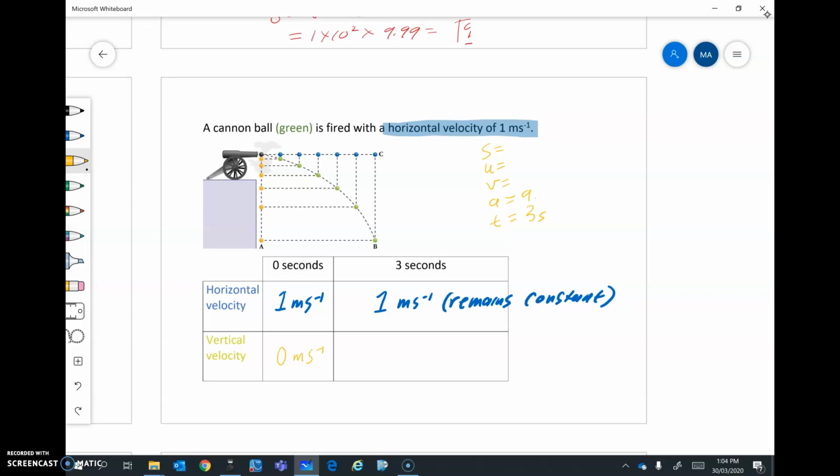3 seconds, accelerating in the vertical direction, so acceleration due to gravity. We're finding the final velocity from an initial velocity of 0. So the first law of motion, V equals U plus AT, can be used.